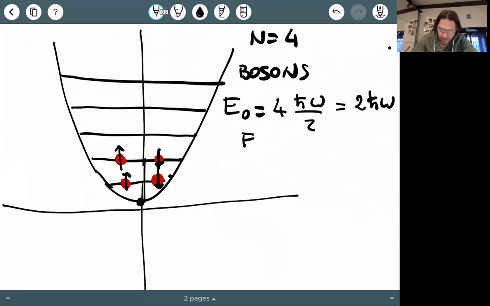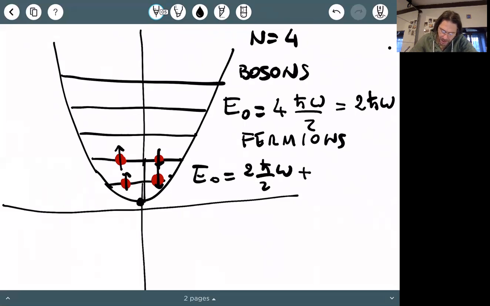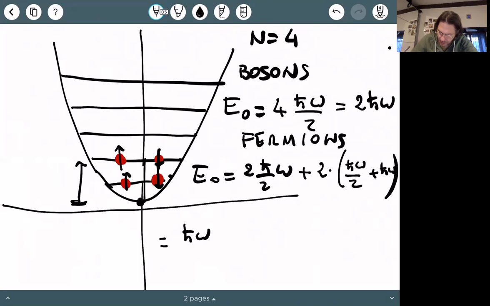If there are 4 fermions, I can put 2 particles in the ground state, each with h bar omega half, and then the next 2 particles will have to have h bar omega half plus h bar omega. That's the first excited state. So this is going to be h bar omega plus h bar omega plus 2 h bar omega. It's going to be 4 h bar omega.